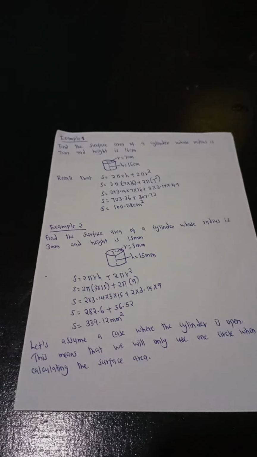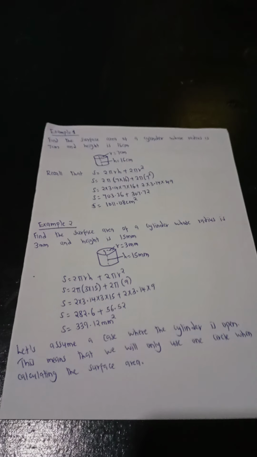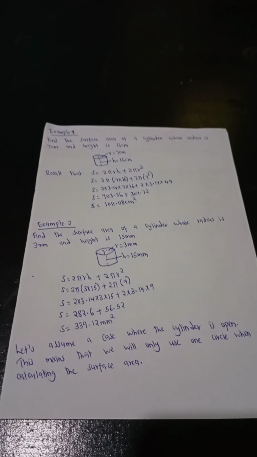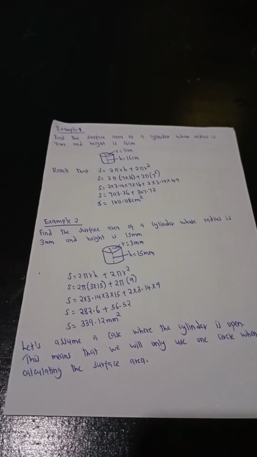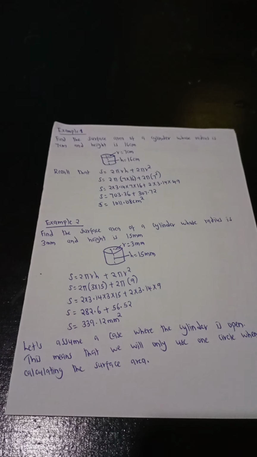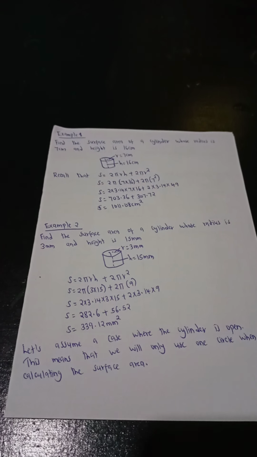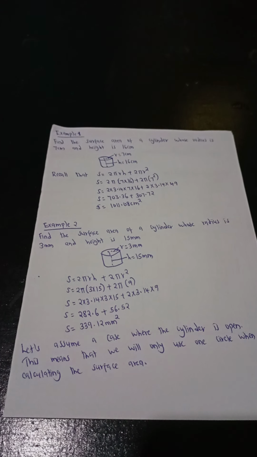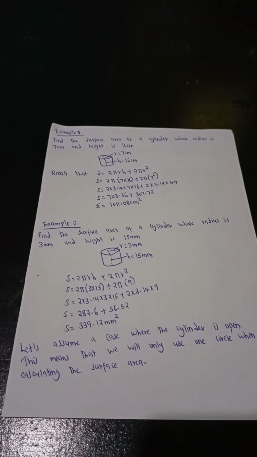In this case, the surface area is going to be 2 times 3.14 times 7 times 16 plus 2 times 3.14 times 7 squared, which is 49. And when you calculate that, you're going to get that the surface area is going to be 1011.08 centimeters squared.